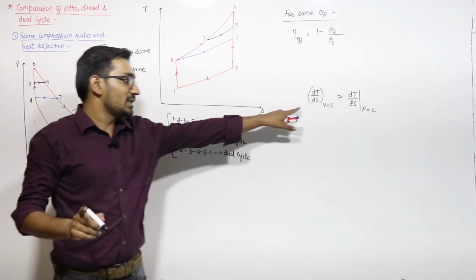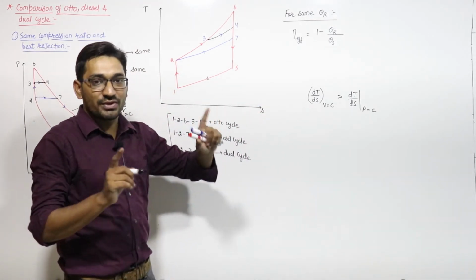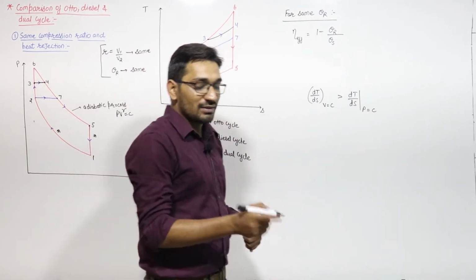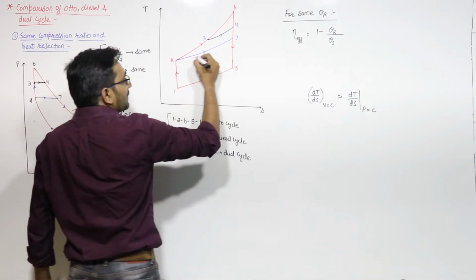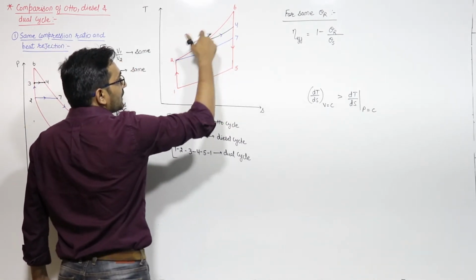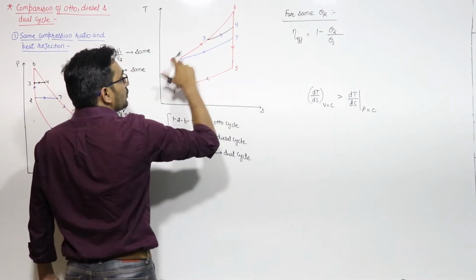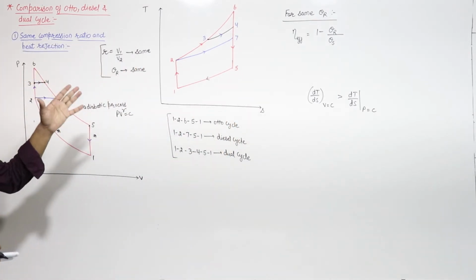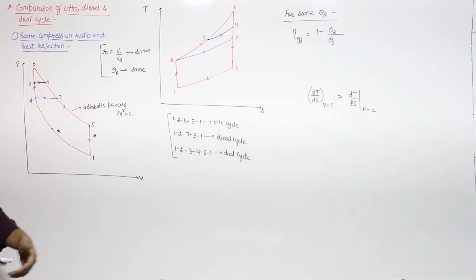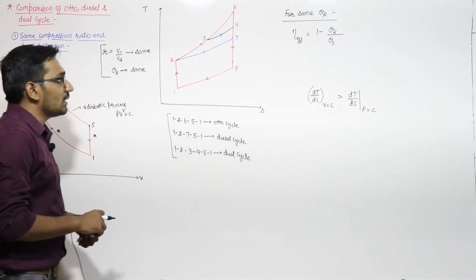Because the slope of the constant volume graph is more than the slope of the constant pressure graph, this constant pressure graph will be below this constant volume graph. So this 1, 2, 7, 5, right? This will be your diesel cycle.